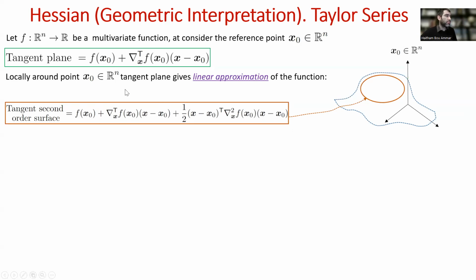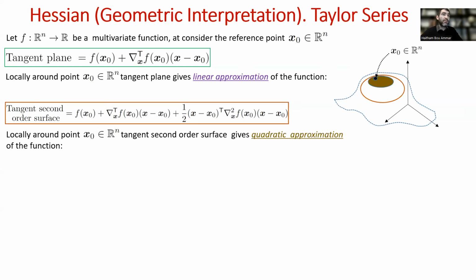And similar to the tangent plane, everything is defined at the point x0 using the function value itself, which is also called the zero order approximation. Then there is a linear term, which is defined by the gradient of the function f evaluated at the point x0. And also now an additional term, the quadratic term, which is defined through the Hessian of the function f evaluated at the point x0.